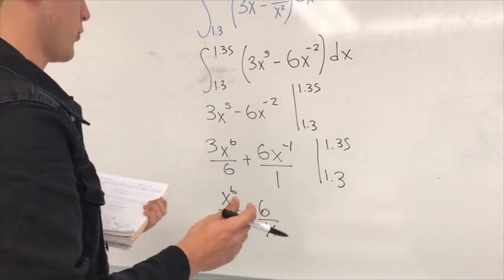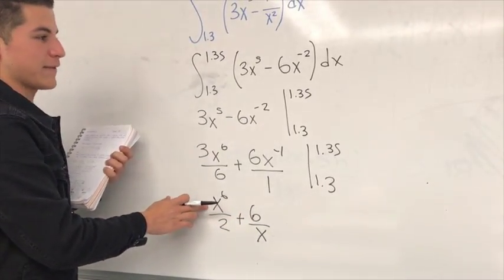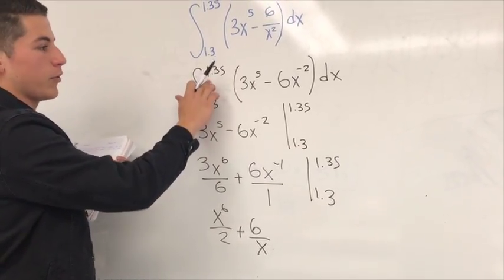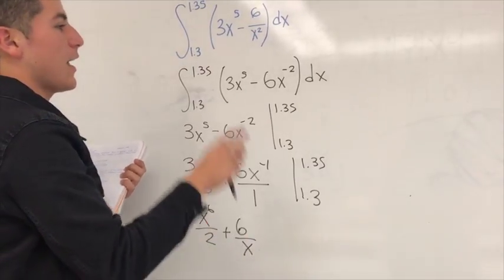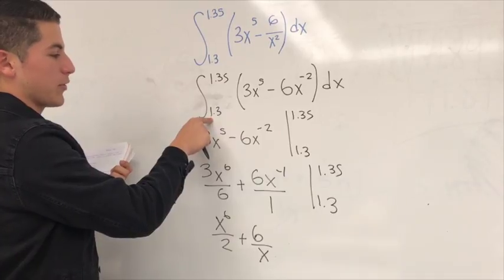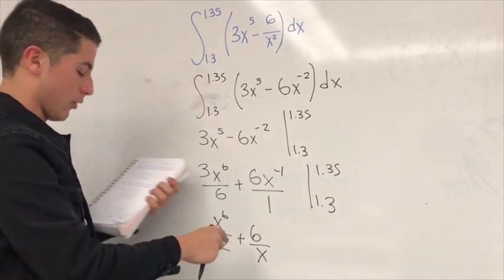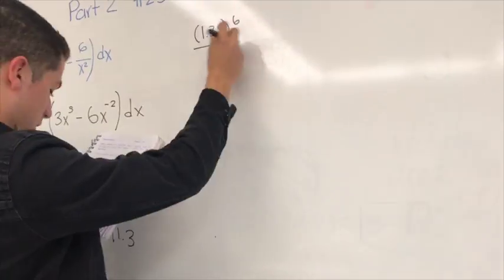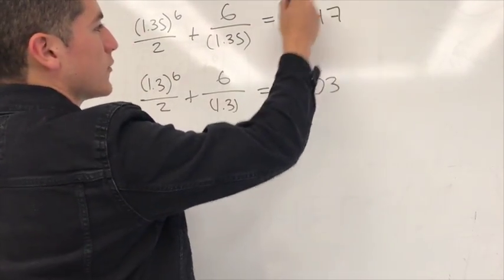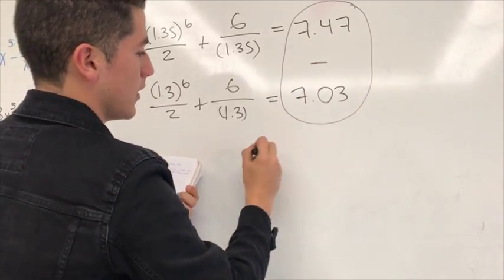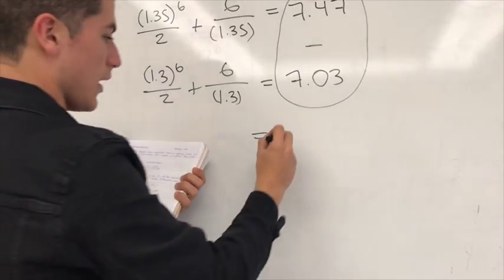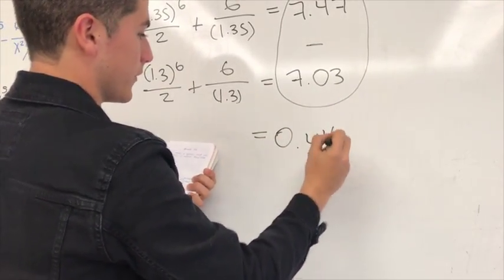And now what we're going to do is in the x's we're going to use the number they gave us in the problem. So first we're going to put the 1.35 inside each x, and what it gives us subtracted with what it will give us when we put 1.3 in all the x's. So these two numbers, you're going to subtract them, and the answer of this subtraction gives you 0.44.